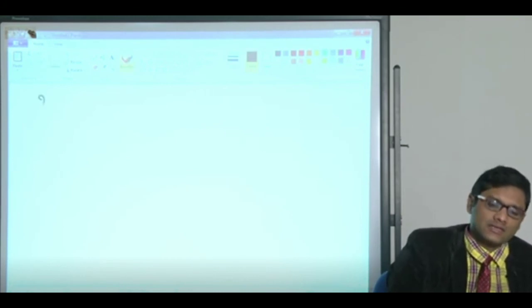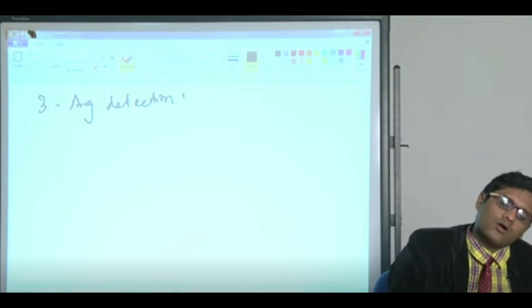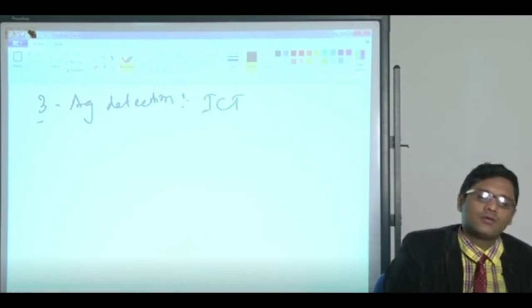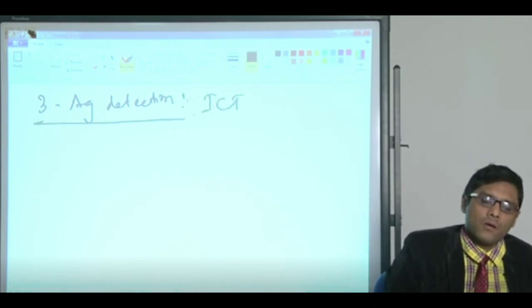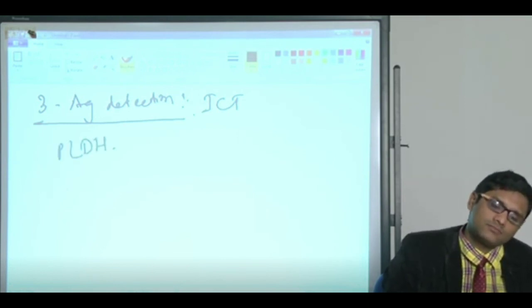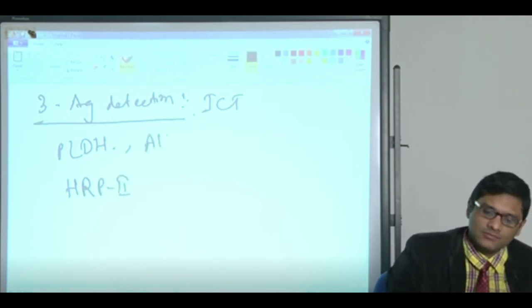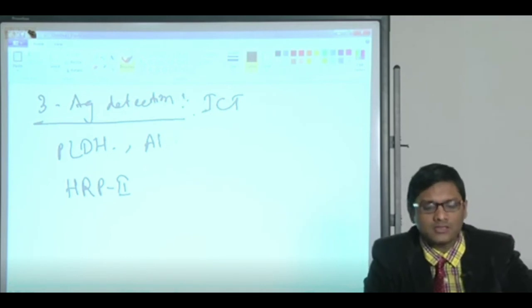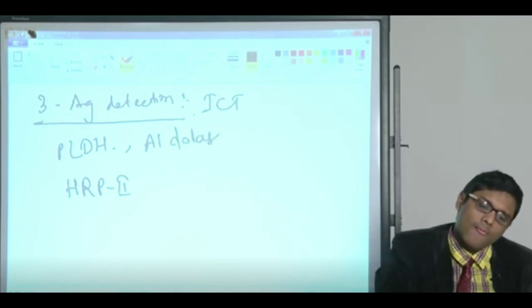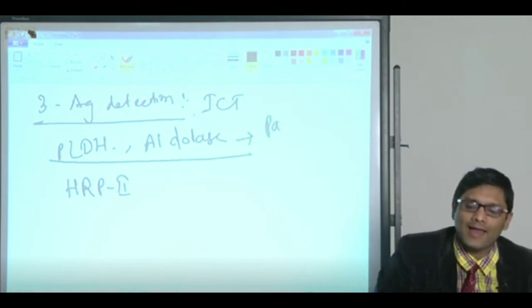Then third is antigen detection by doing immunochromatographic test. Here they say that you can detect various antigens like parasitic LDH, histidine rich protein 2 and aldolase. Among the three antigens, the LDH and aldolase antigens are pan-malarial antigens.